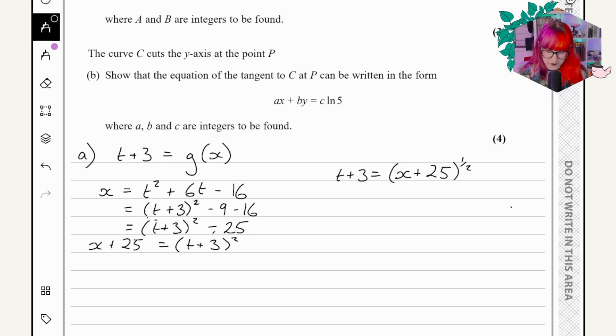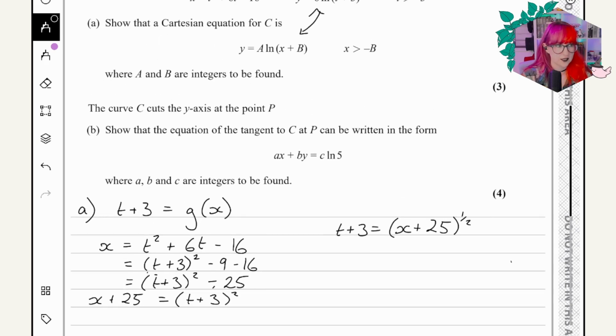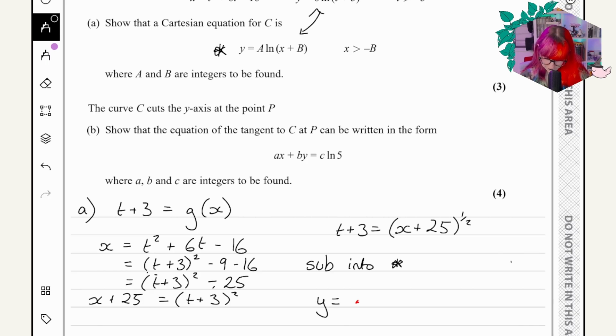But I'll do power of a half for a reason that will become apparent, because we're trying to get things in the form y is equal to a ln x plus b. So we're going to come in and sub this into the star. Oh, sorry, sub it into this one.